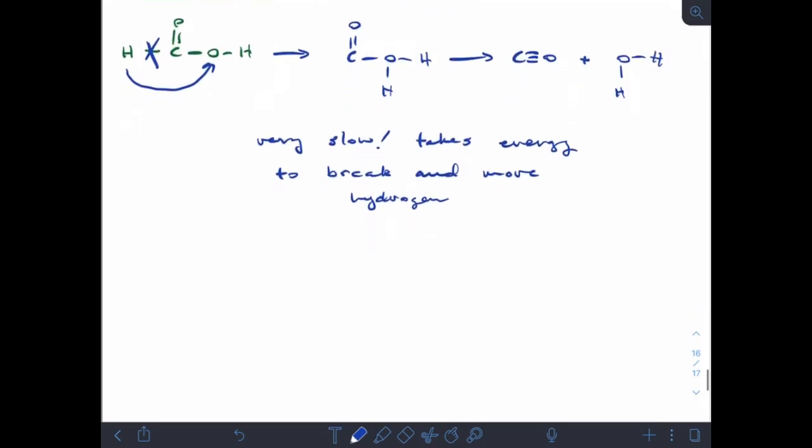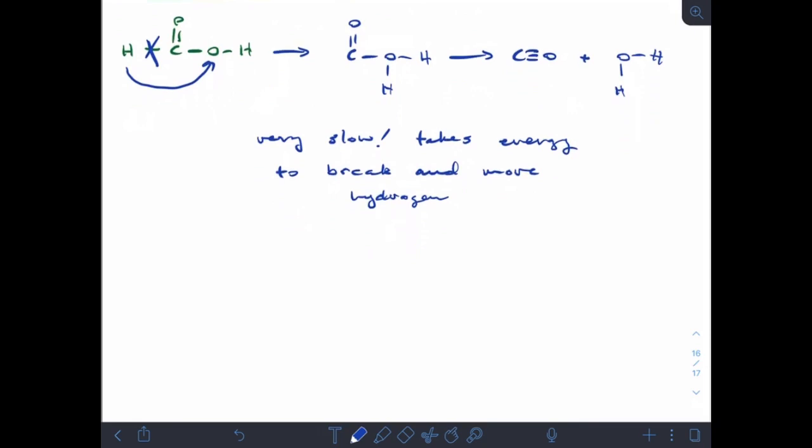Okay, but if we acid catalyzed it, so if we add some acid to this scenario, we now have a solution with hydrogen ions. This is how the reaction takes place. So we have our formic acid, right, plus some acid, some H plus ions.